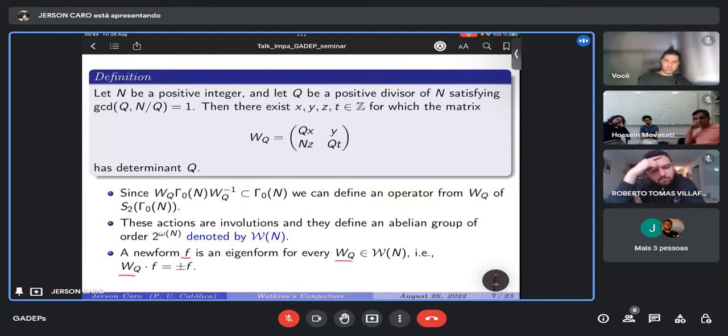And due to the fact that the operator W_Q is an involution, the eigenvalue should be plus or minus 1.